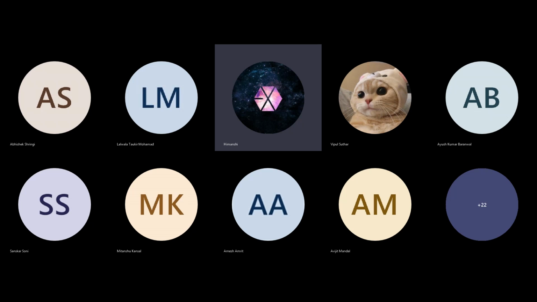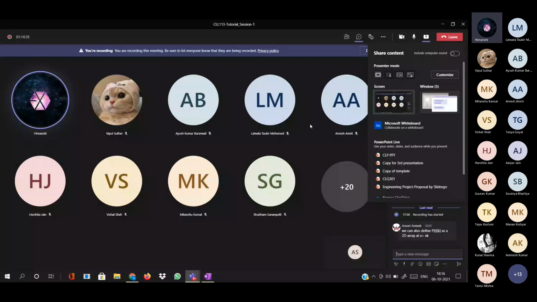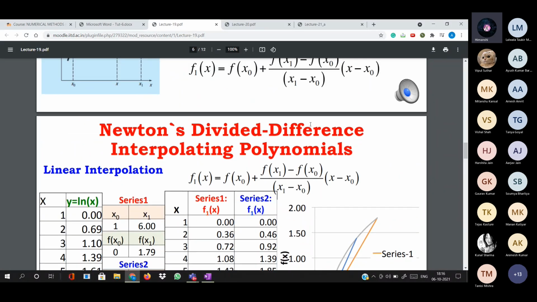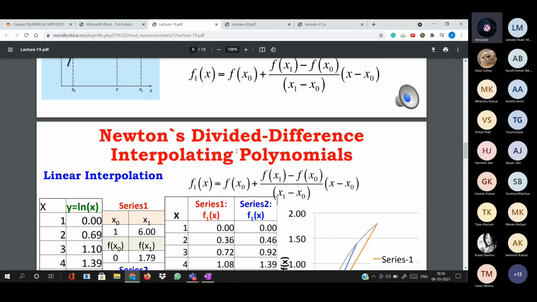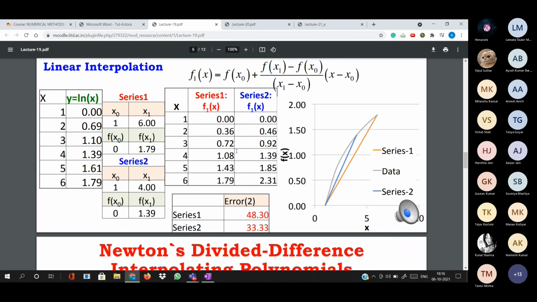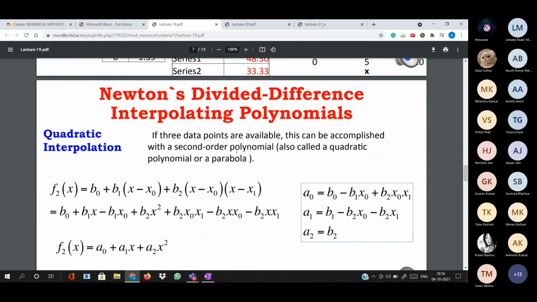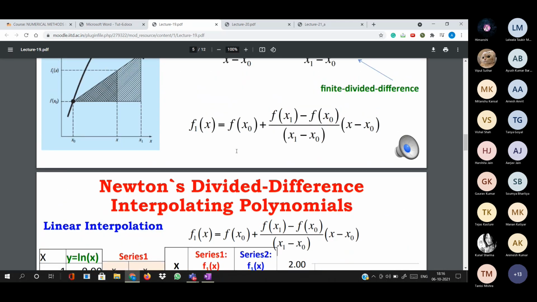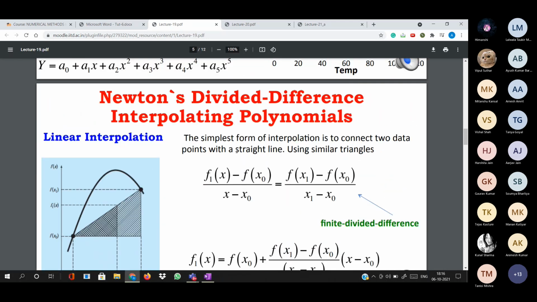So we have to choose the cubic one, because our function is cubic, sine square x. So which one should you choose? Sorry, quadratic. First of all, just tell me in brief what we are doing in this. How different is it from the previous two?